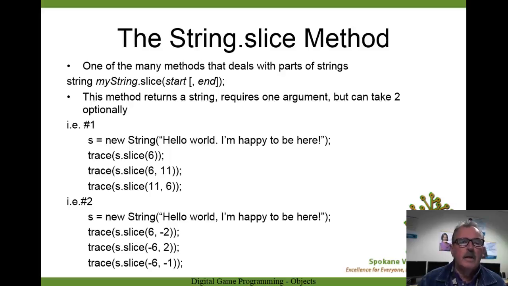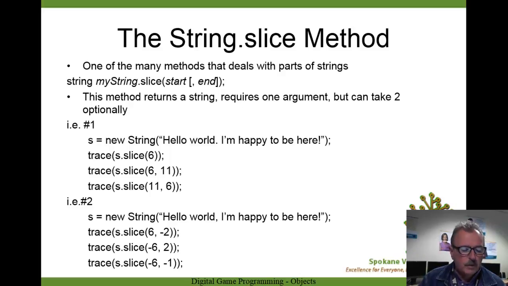It says the syntax is string myString.slice(start, end). It returns a string, requires one argument, but it can take 2 optionally. And so here's an example that you can go ahead and put in Flash. And then there's a second example as well. So go ahead and take a moment and write this code up into your Flash environment.